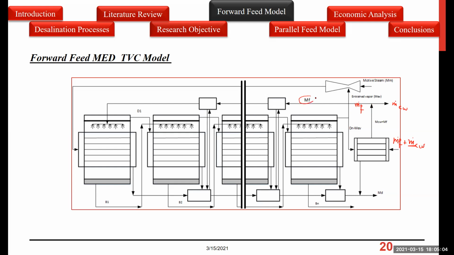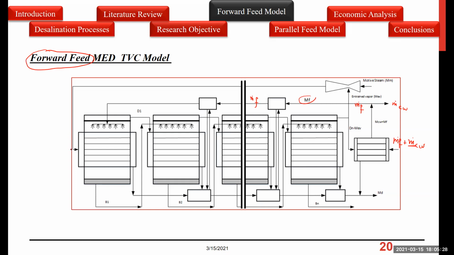So here it is going to receive some energy. It will leave also as m dot, but at a higher temperature. It will receive energy here, and then it is going to be sprayed at effect number 1. So basically, this is a forward feed MED system.